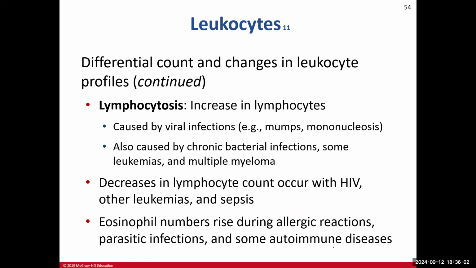All right. And then we have our lymphocytosis here, an increase in the lymphocytes. What did I say? Always think viral infections. Now, it does say up there also some chronic bacterial infections and leukemias and multiple myelomas. A lot of those affect the bones, which affects the bone marrow. So that's how they found my niece's leukemia. Her symptoms were more of flu. She was 4 years old.